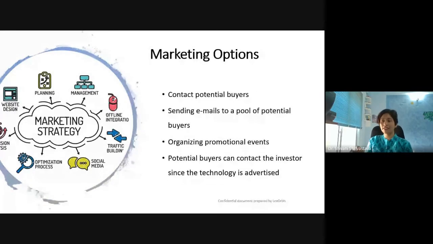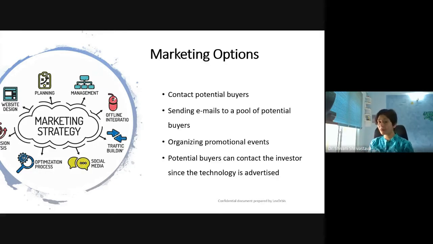So after publishing, like you are completely advertising yourself, then you will have to contact potential buyers. You will have to identify who can be the potential buyers for your technology. You can send emails to those people, or maybe you can send multiple emails to a group of people.